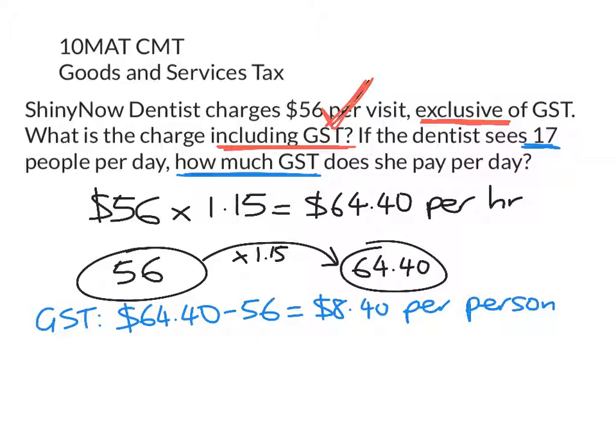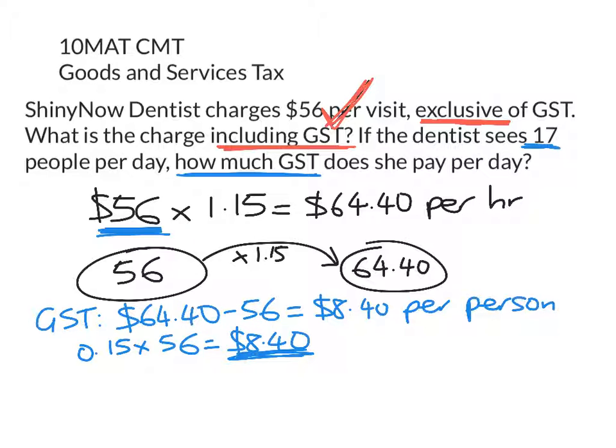Or we can say, well, we know that GST is 15% of the original amount, so we can do 0.15 times 56, and that's going to give us, obviously, the same number. Now, if it's not obvious, we'll go over that in class. And that's the per person GST.